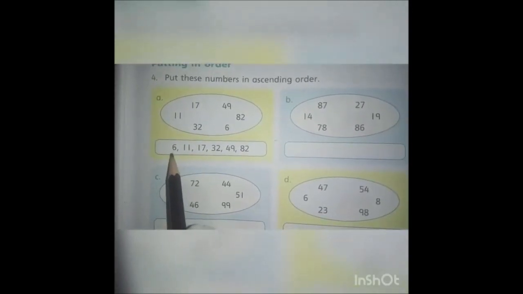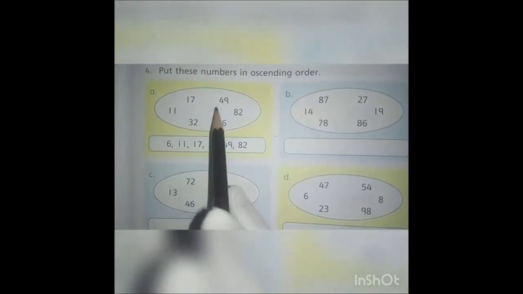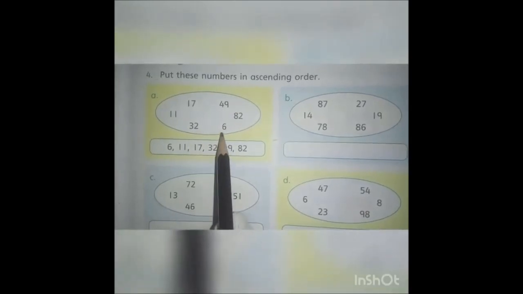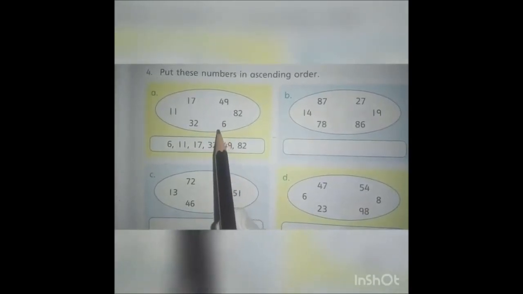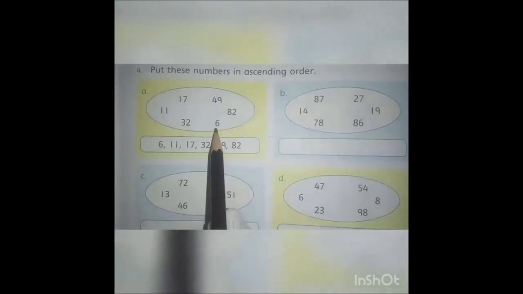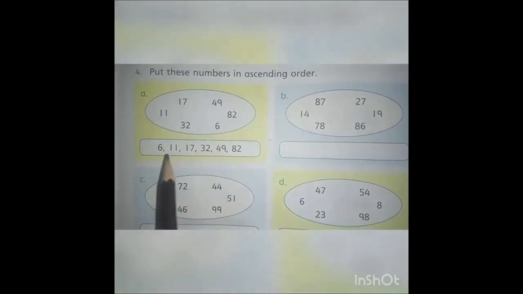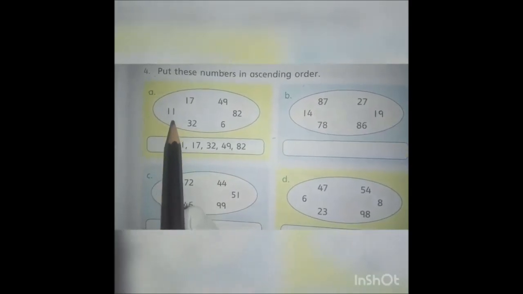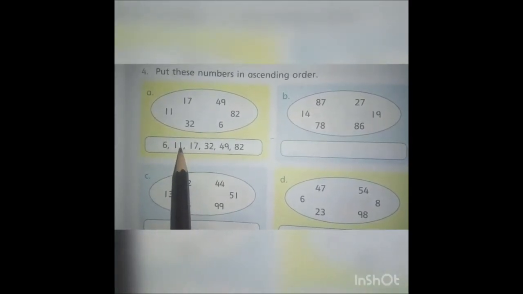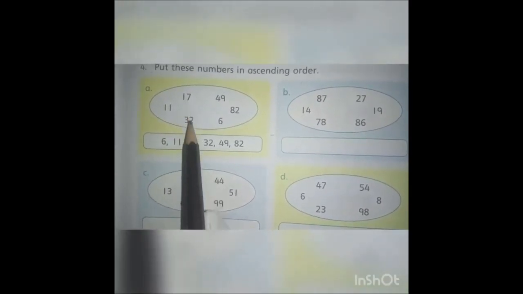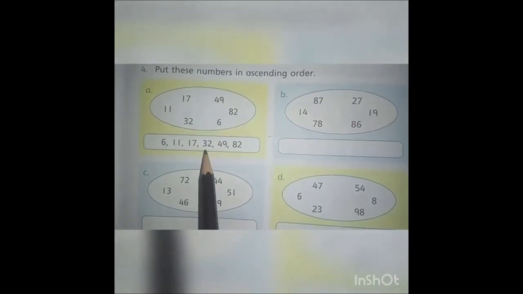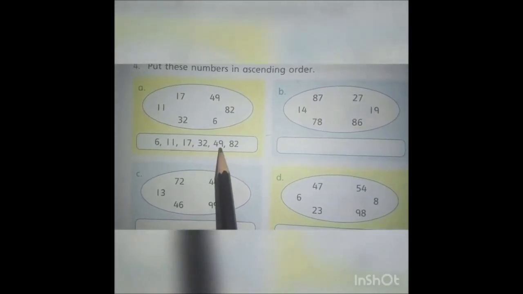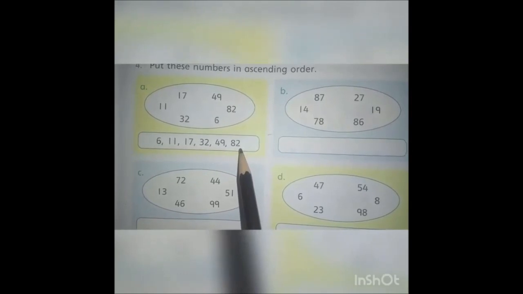Okay children, now tell me which number comes first. Which is the smallest number? Yes, 6. Then 11. After 11, 17. Then 32, 49 and 82.